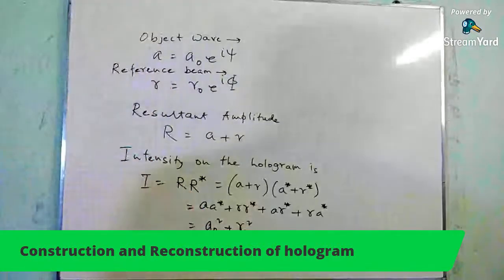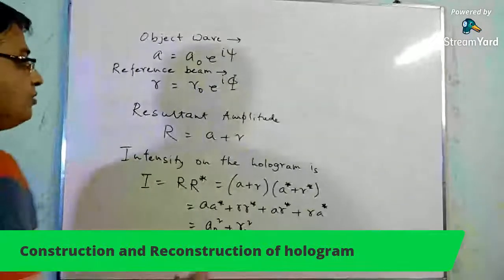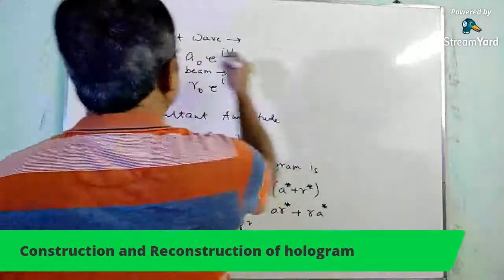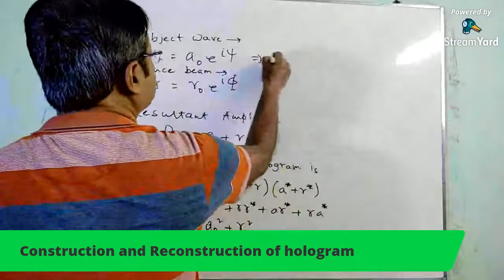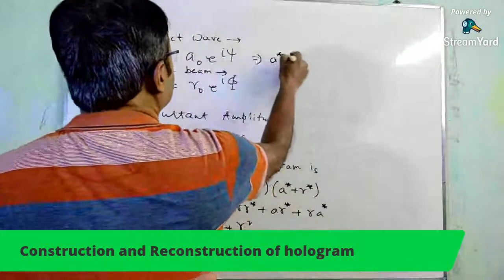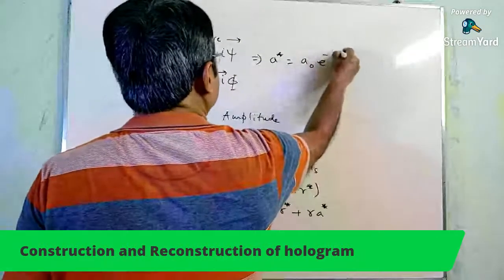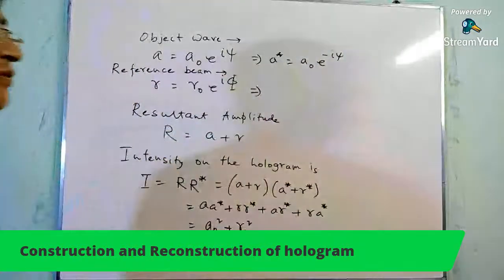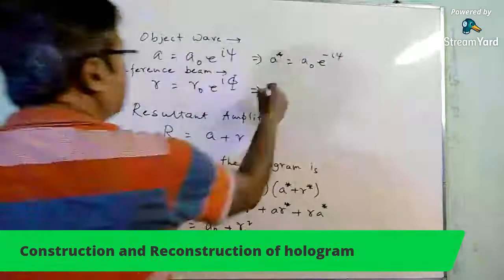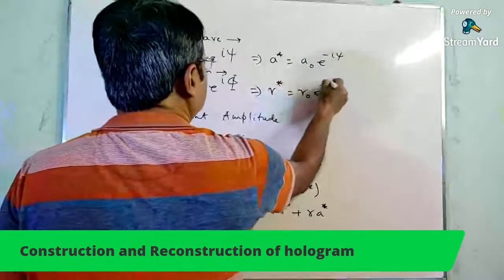Now what will be the value of A R star and R A star? Let's find out. As A equals A0 e to the power i psi, A star should be A0 e to the power minus i psi, and as R is R0 e to the power i phi, hence R star should be R0 e to the power minus i phi.